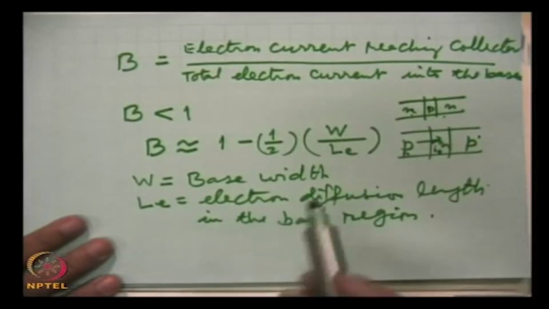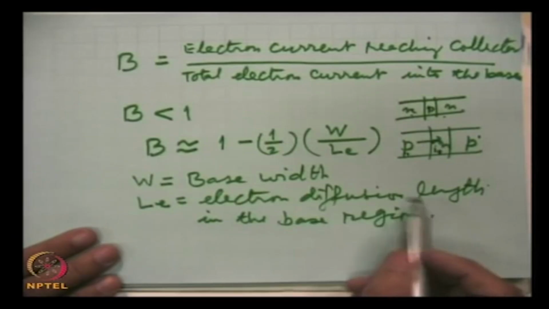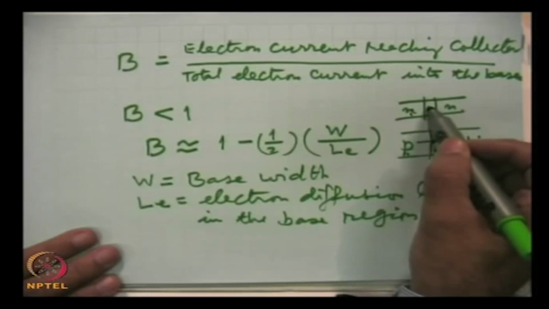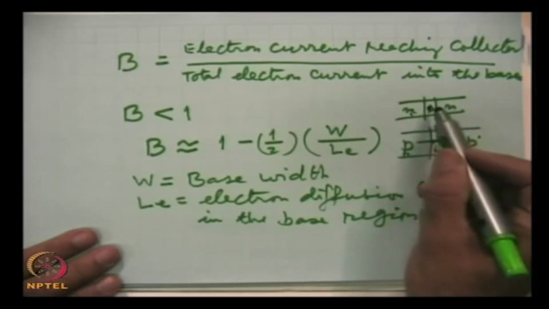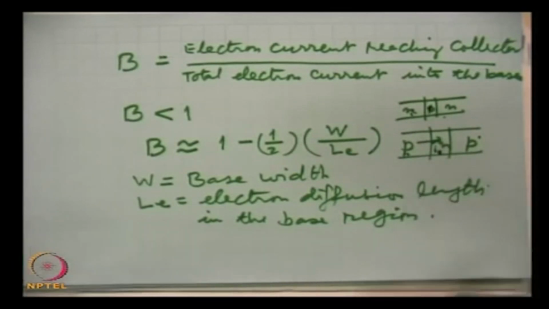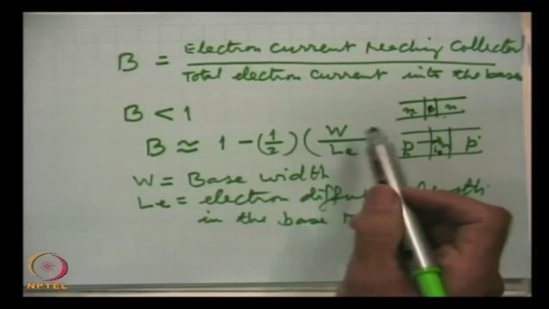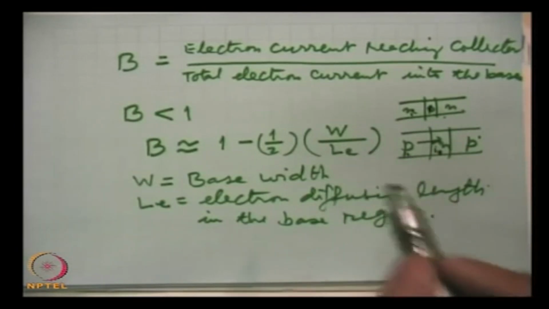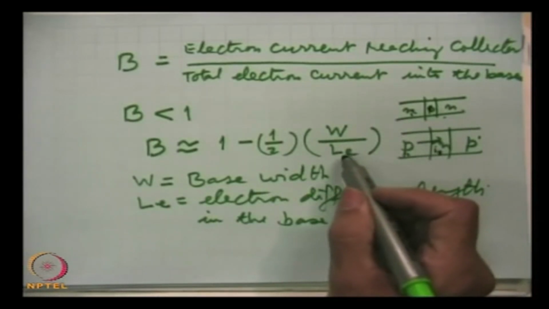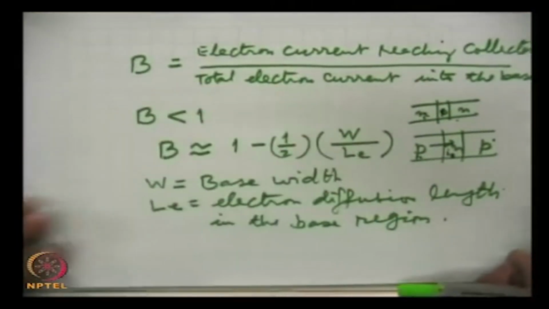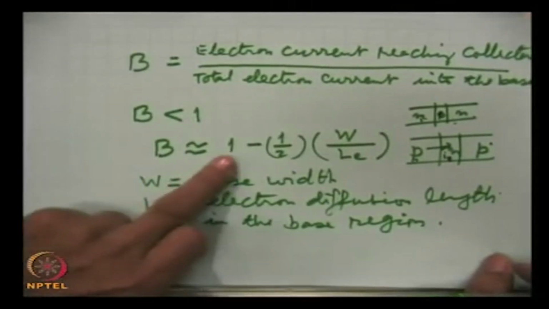If we talk of the electron diffusion length, we are talking of electrons in the p base region, where the electrons are minority, as in PNP holes will be in minority in N. So, by making base width low and by using a lightly doped base region, we can increase the electron diffusion length, making this parameter as small as possible, and hence B will be close to 1.